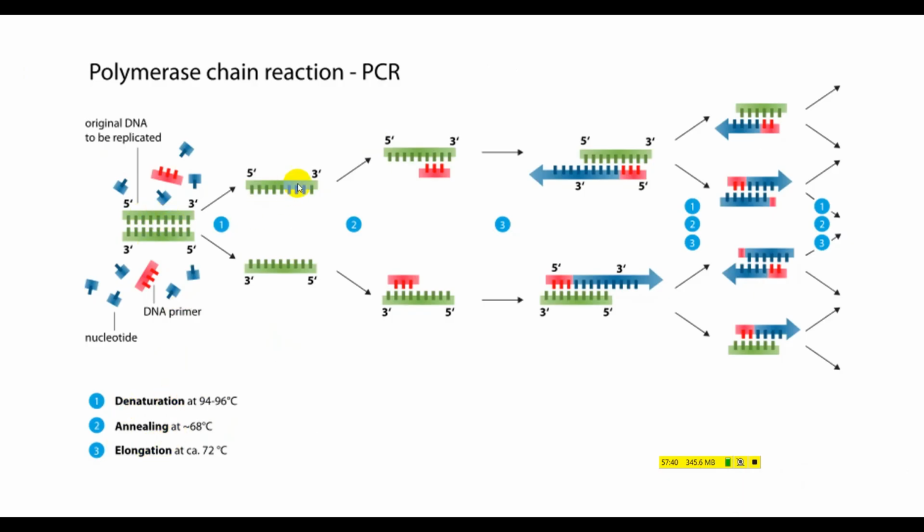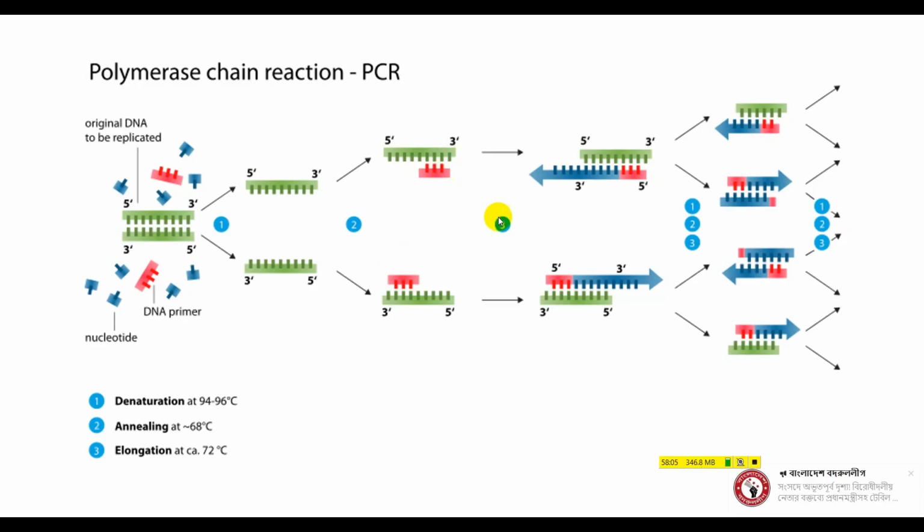Denaturation. After denaturation, it becomes single stranded. Then annealing. I mean the primer will anneal here, they will join side by side. So here you can see this is 5 prime to 3 prime, and the primer direction is 5 prime to 3 prime from this side. Okay, this one is the forward primer and this one is the reverse primer.